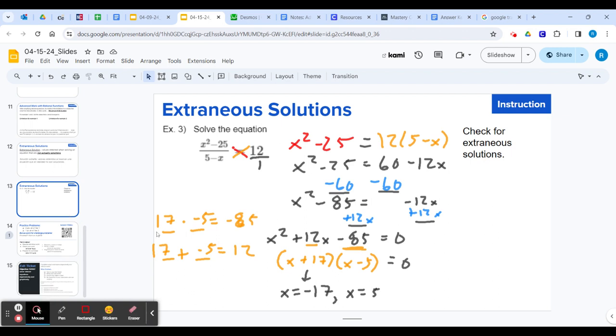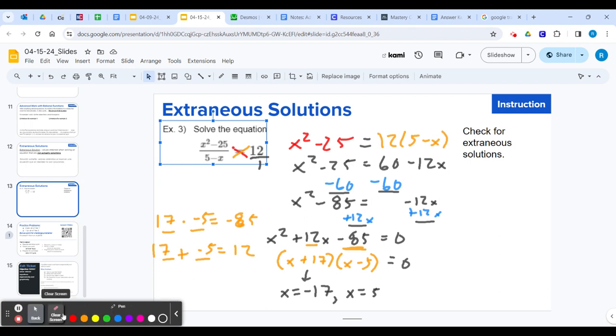If we look back to our original equation, though, x squared minus 25 over 5 minus x, we can't have a value of 5, right?